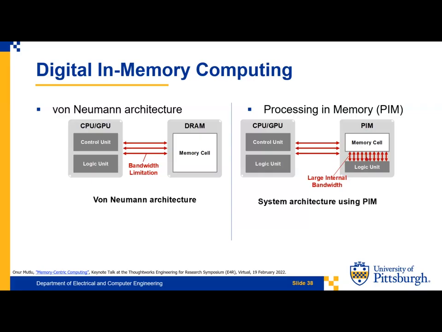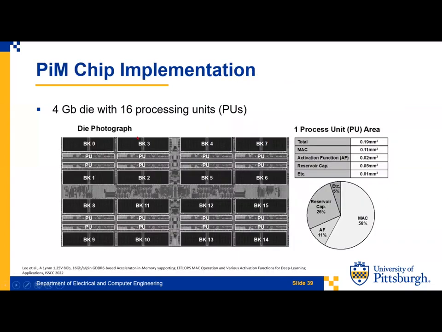So you could do the data movement with minimal energy consumption and very quickly. This slide is a die photograph from a PIM product. It's a 4 gigabit die with 16 processing units.